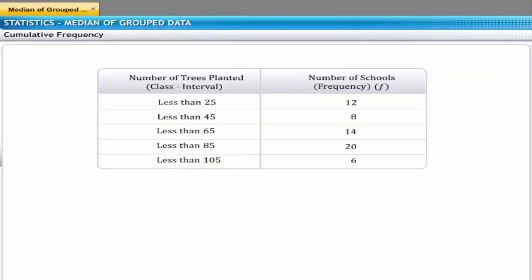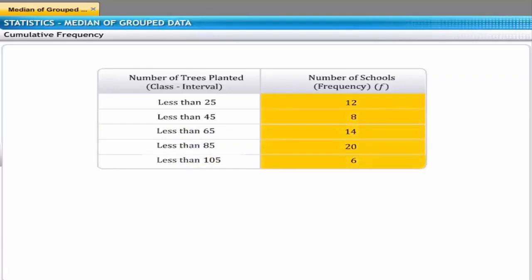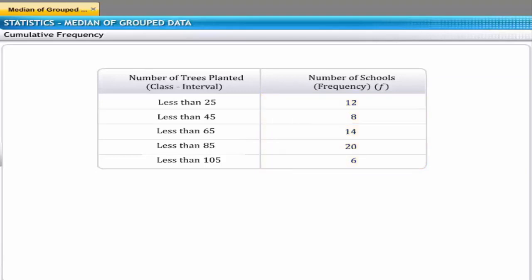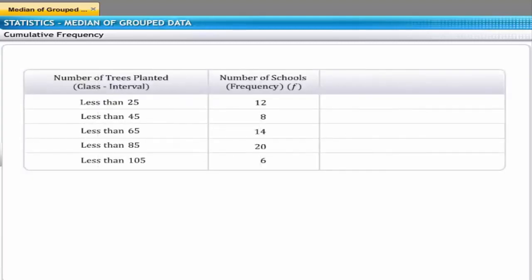Now, observe the number of schools in the frequency column. Here too, the frequencies will need to be adjusted as per the new class intervals. From the new class intervals, it is clear that 12 schools have planted less than 25 trees. Hence, the adjusted frequency for the first class interval remains 12.